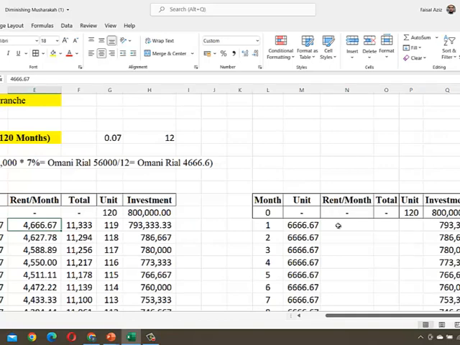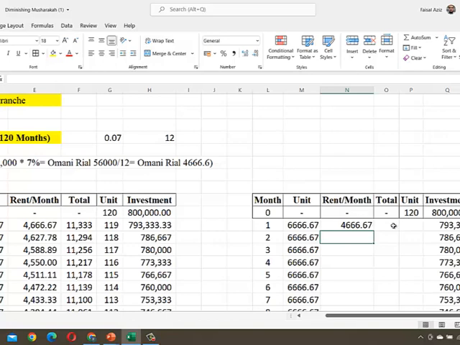The first rental will be the same, because it's the very first payment. So it will be 4666.67. This is the rental amount.